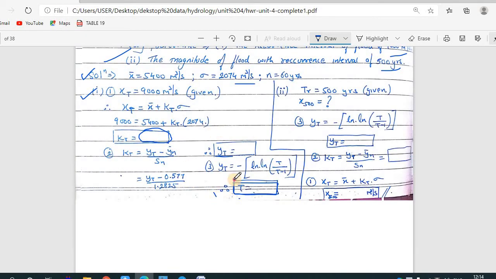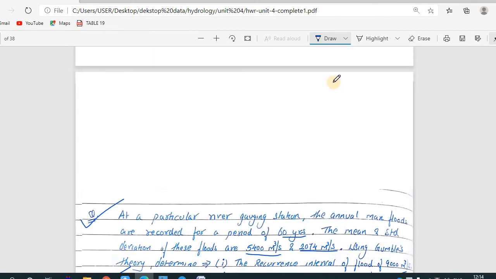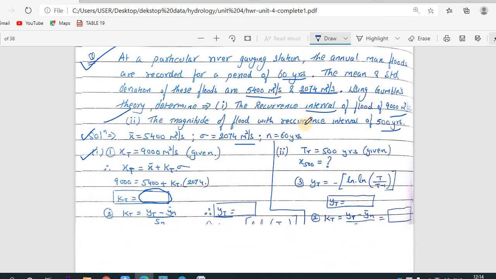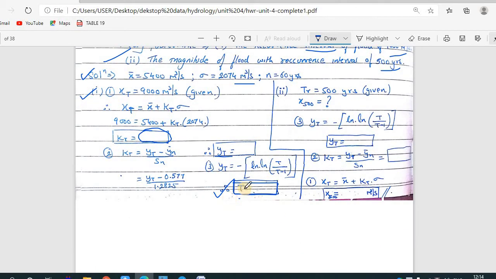From here we can calculate the probability, but I think it is not asking for probability, it is asking for the time period, the reoccurrence interval. So that T is nothing but your reoccurrence interval.